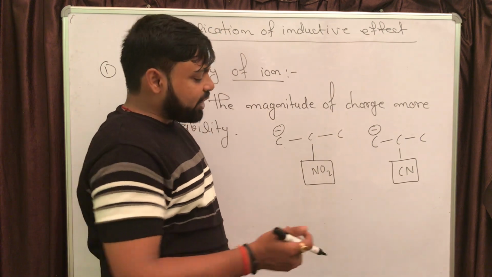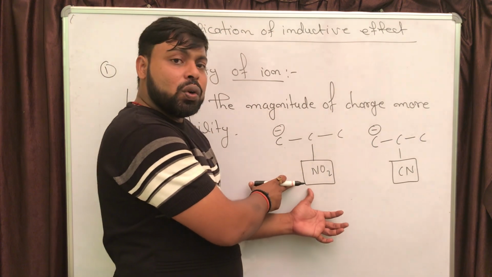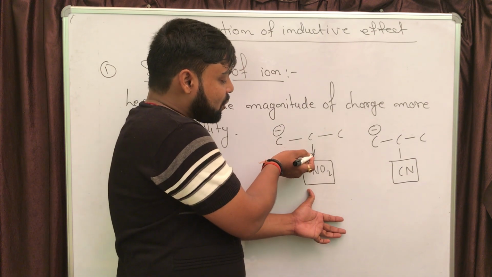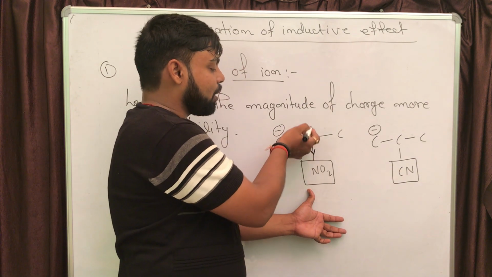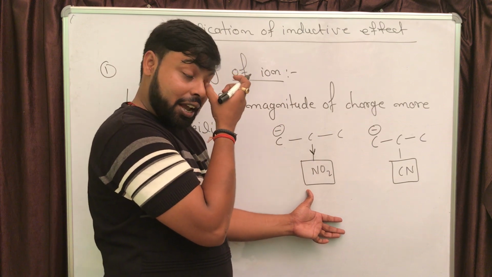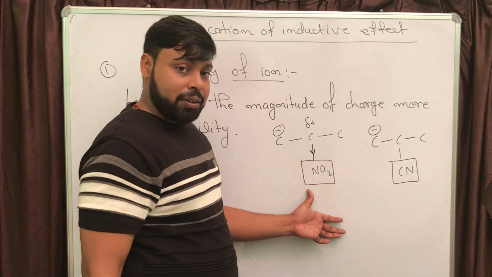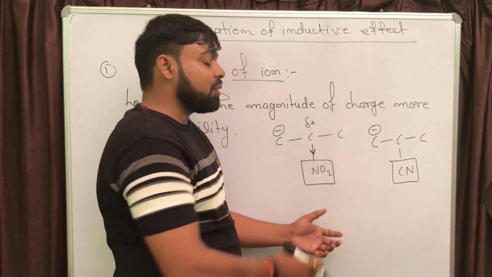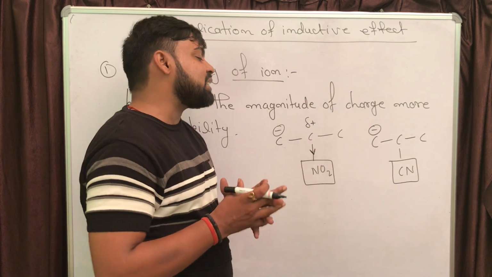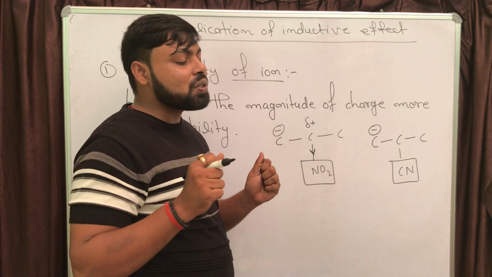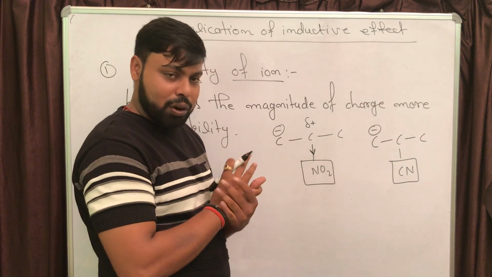So let us try to understand. If this NO2 is applying minus I power, it will pull electron from its alpha carbon, which is directly attached with the NO2 group. So there will be some partial positive charge on the alpha carbon. Now this alpha carbon will try to decrease its electron deficiency by pulling electrons from the next nearest bond pairs.